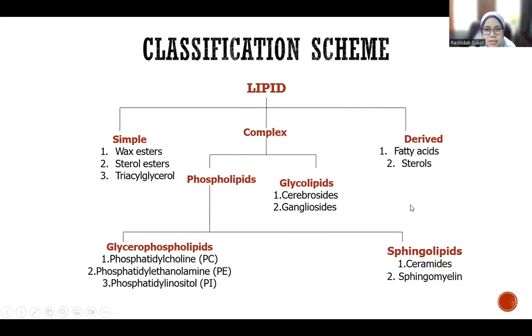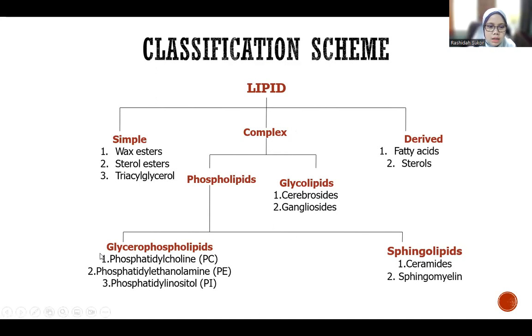Okay, then we go to the classification scheme. This lipid, like the one that I showed you earlier, consists of simple lipid: wax, sterol, triacylglycerol; complex lipid; and also derived lipid. For complex lipid, here are the phospholipids. Like I said, complex means something that is a bigger molecule, so normally it has something that binds to it.